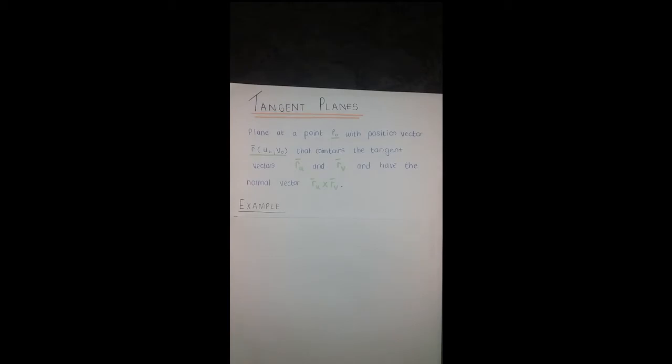So this just says this is the plane that you have. It has a position vector. It starts at a certain point, and what you need to get a tangent plane is a normal vector and a point on your plane. The point we get from the surface that it is tangent to, and the tangent vectors we use to get our normal vector.